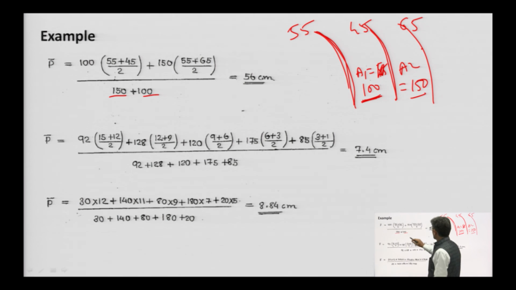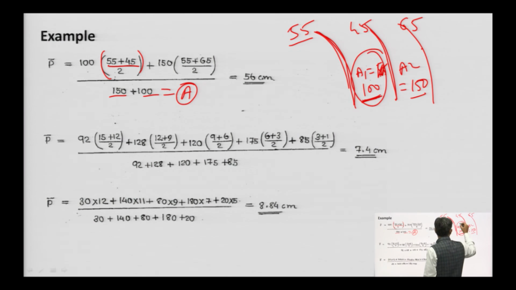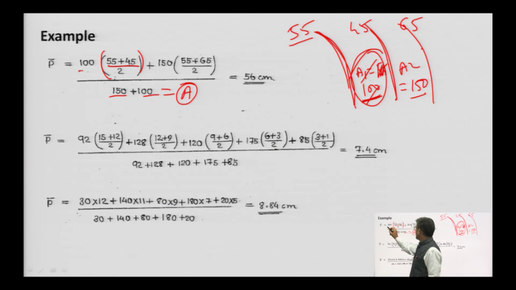This is the total area A, and the mean of the precipitation means 55 plus 45, mean of the precipitation multiplied by the area within this precipitation, which is 100.